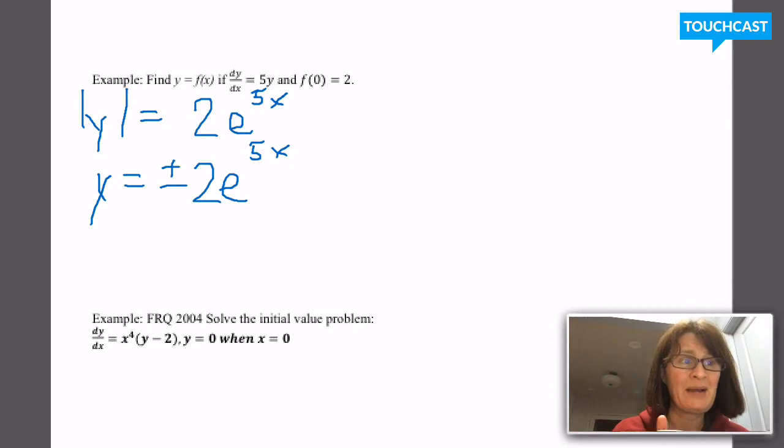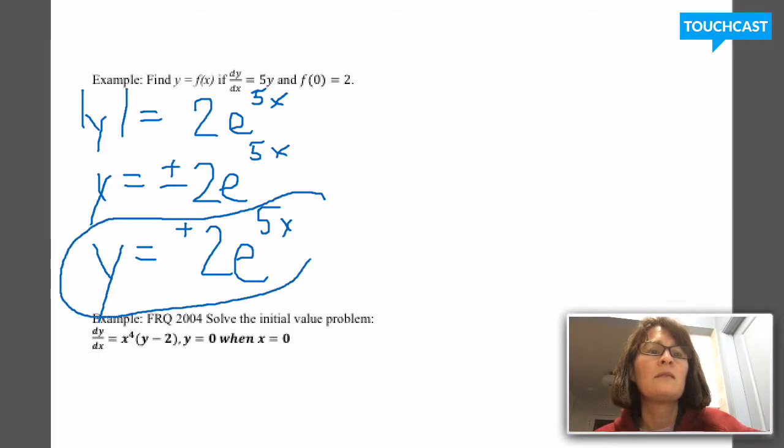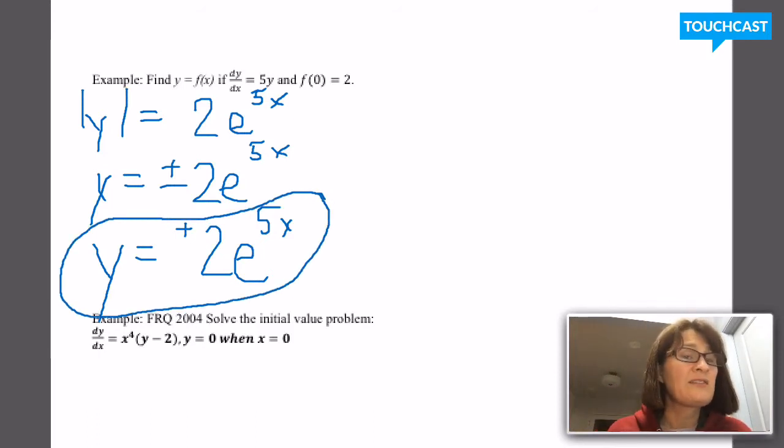And that's going to be my last step. So all I want to check now is my initial condition says that if I plug in 0 for x, I should get positive 2 for y. That makes it clear to me that I want to choose the positive version here. So positive 2e to the 5x. So that's my final answer.